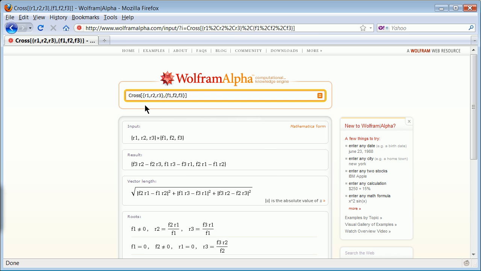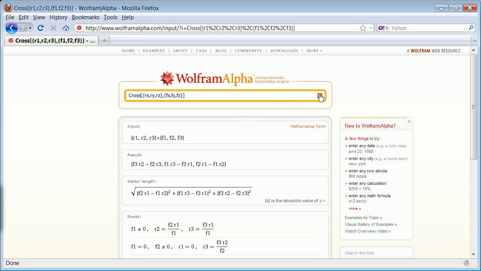So let's see what happens if I do this. RX, RY, RZ. In other words, those are the components of the radial vector, Fx, Fy, Fz.